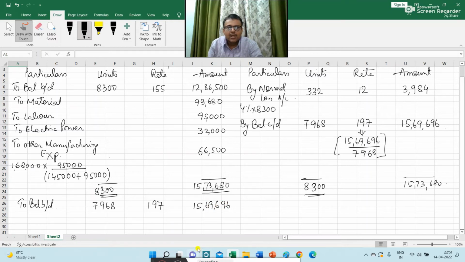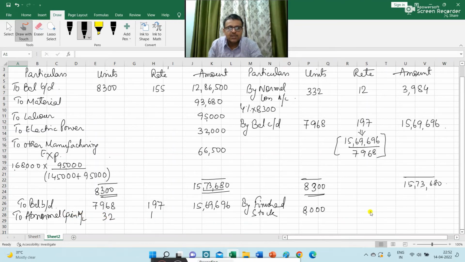Now it is given in the question that number of unit transferred to finished stock, that is I am writing as finished stock, this is 8,000 unit. It means the difference between 8,000 unit and 7,968, there is an abnormal gain. So I am writing here to abnormal gain account. So this is 32 unit.